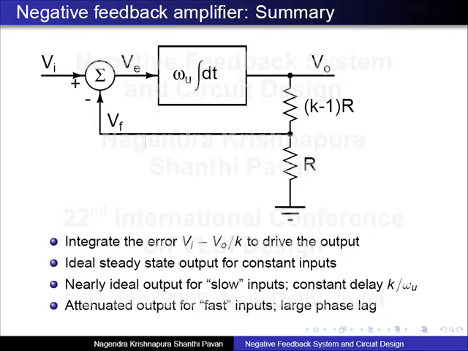That is another thing you have to keep in mind, right? If you started with a high omega u, you would get a small delay. And the output is attenuated for fast inputs. We are not too concerned with this now. At least we don't want to have any use for this one. So this is a quick summary of the amplifier we have been able to design.